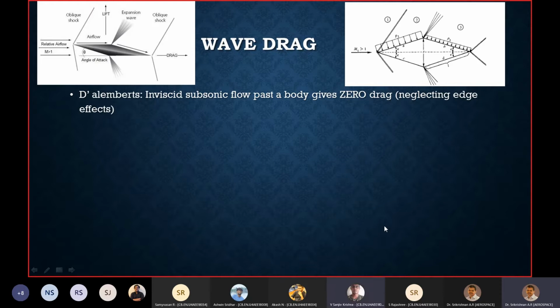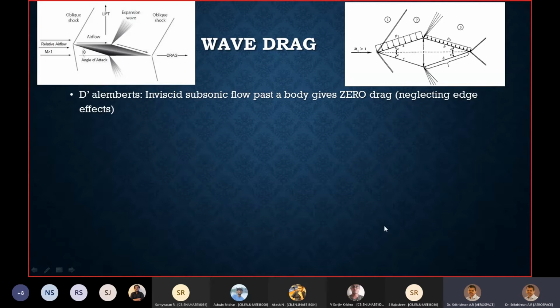Parasitic, sir. Sorry? Parasitic drag. Yeah, the one that is related to the friction of it, the viscosity of the fluid, right? Yes, so the friction drag will be zero. So that applies to inviscid flow.